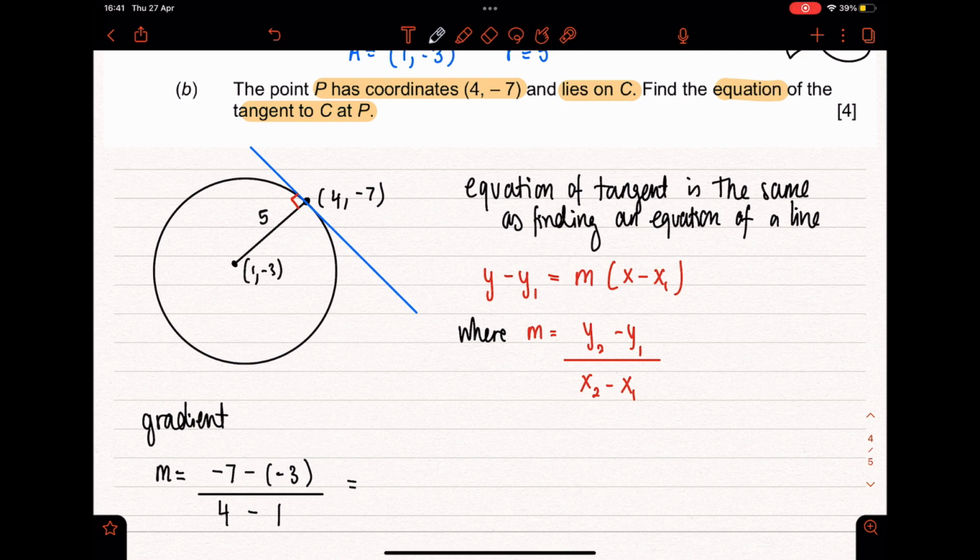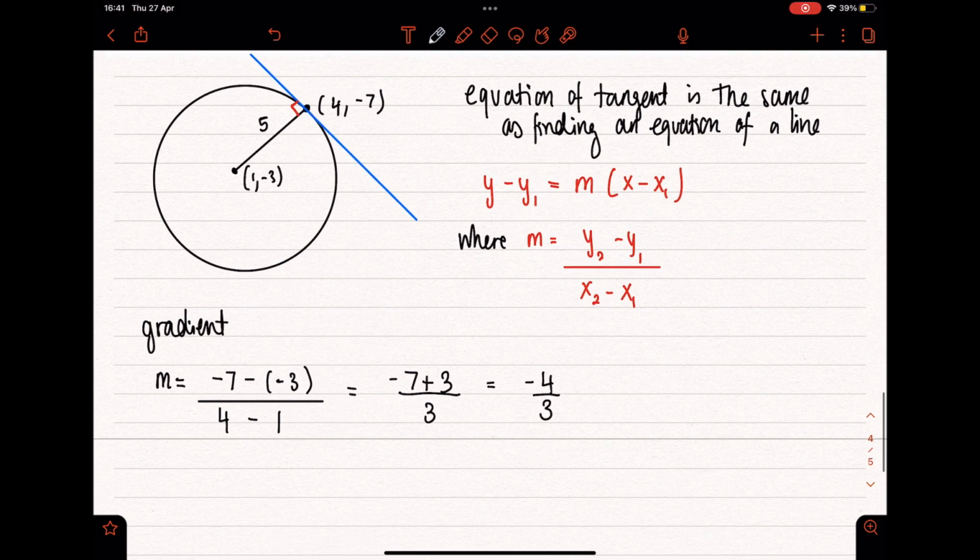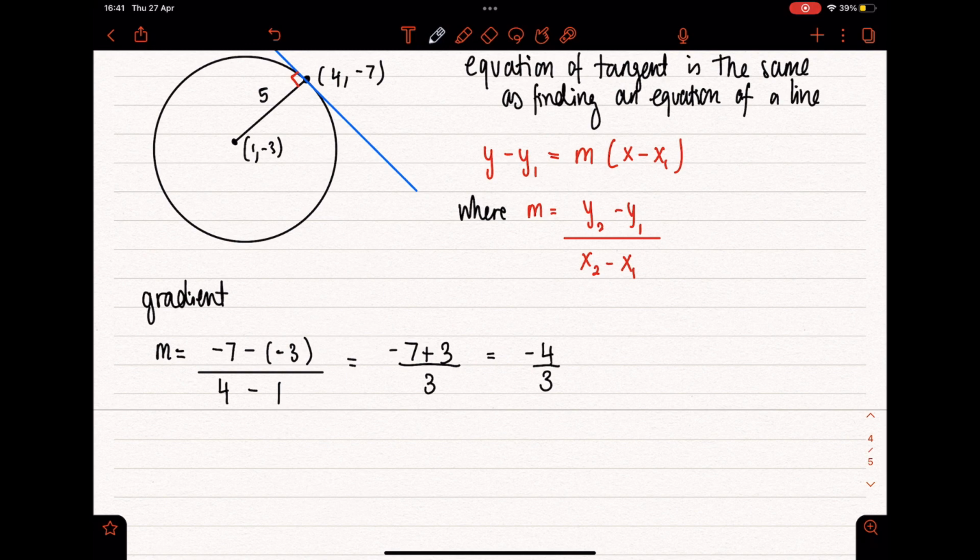This is the same as saying minus 7 plus 3 all over 3, which is the same as saying minus 4 all over 3. So now that we have obtained the gradient, we can find the equation of the tangent by using the equation of a line. So y minus y1 is equal to the gradient, which we obtained as minus 4 over 3, all multiplied by (x minus x1).